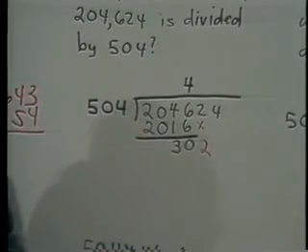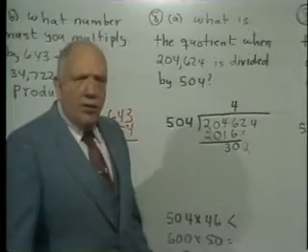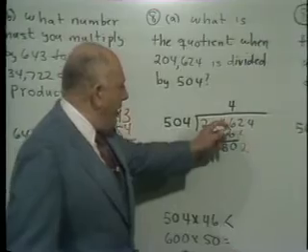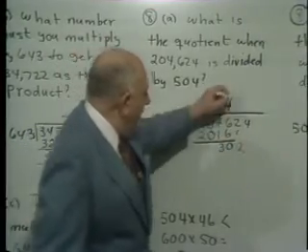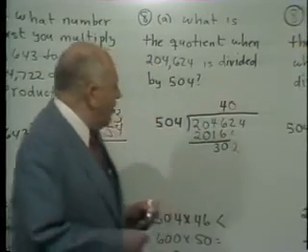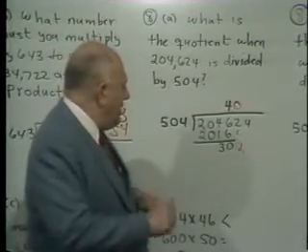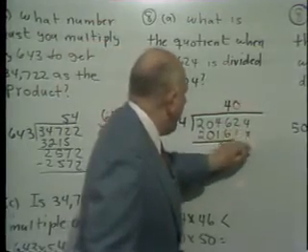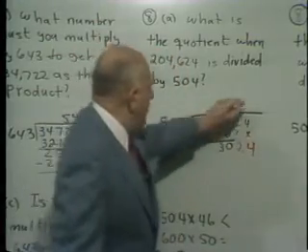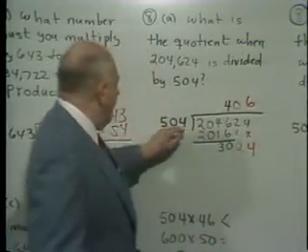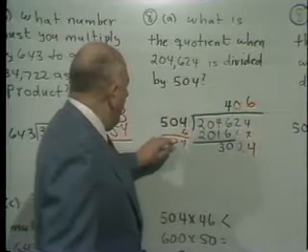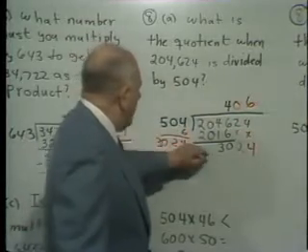Does 504 go into 302? No, 302 is too small. But remember, anytime something comes down, something else has to come up. So since there are none over here, we have to put a 0 in. Now we bring down the next number, which is a 4. 5 goes into 30 about 6 times. We'll take a shot at it. See? 24, 30. Worked out fine.